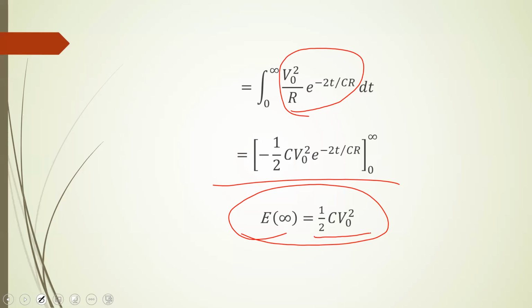What this is saying to us is that the energy that the resistor absorbs is equal to the energy which we showed earlier, the formula for the energy supplied by the capacitor. If that supplied by the capacitor is equal to that being absorbed by the resistor, then the law of conservation of energy is obeyed, and we know we're good. All right? So that's it for me for now.